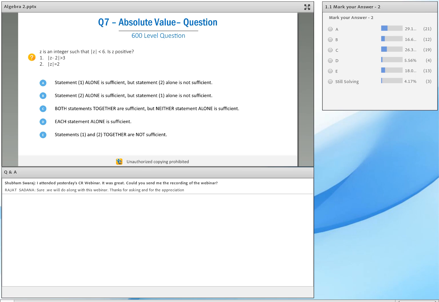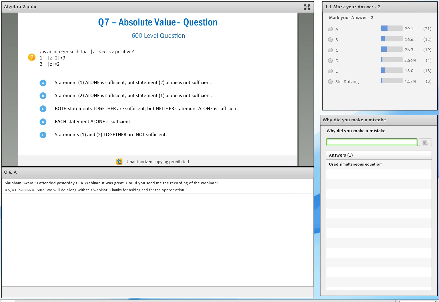When you read the first statement, what's the first constraint you notice? Z is an integer, yes, such that the absolute value of Z is less than 6. Now, what is this question asking you to do?